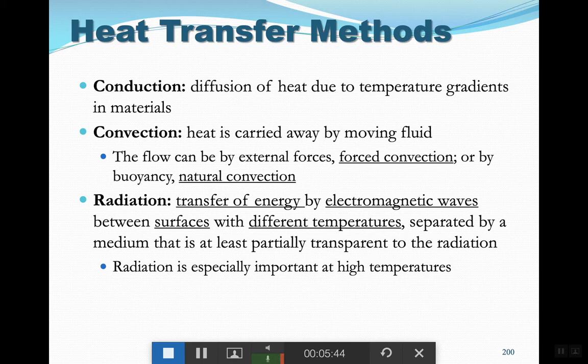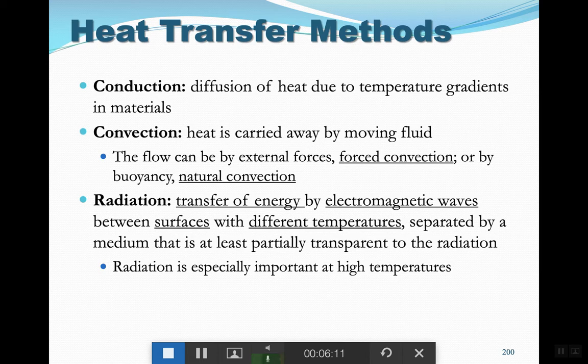Then the second one is convection. In convection, heat is carried away by a moving fluid. So in this one, you actually need a body of fluid to move around and transfer the heat for you. The flow can be due to external forces, for example a pump, a compressor, a fan, and so on.